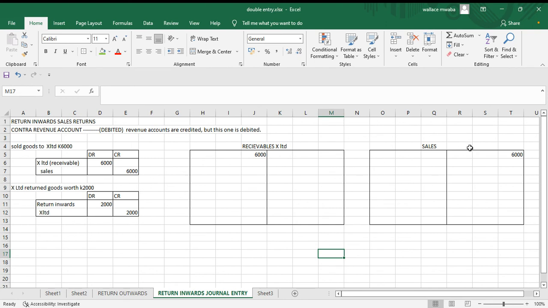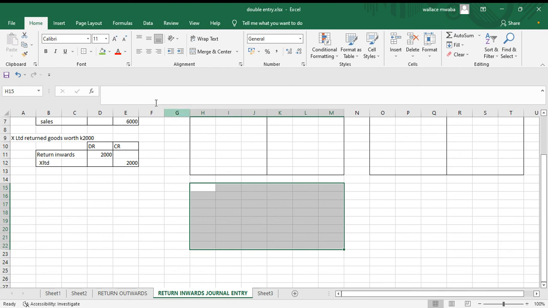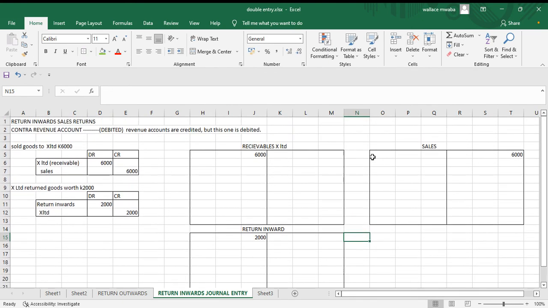Now since X Limited returned goods, we put this here: sales returns or return inwards. We debit return inwards 2,000, and we credit our receivable 2,000.